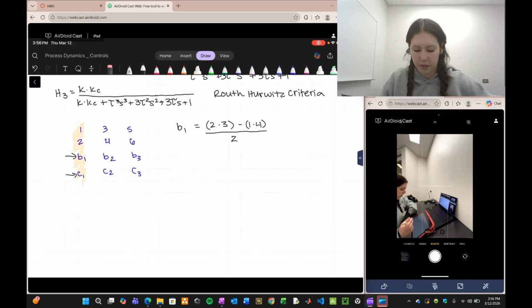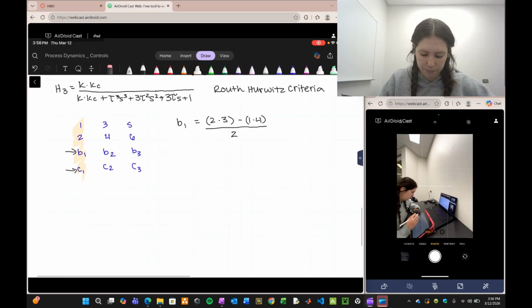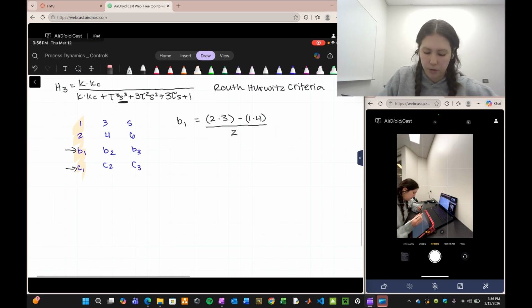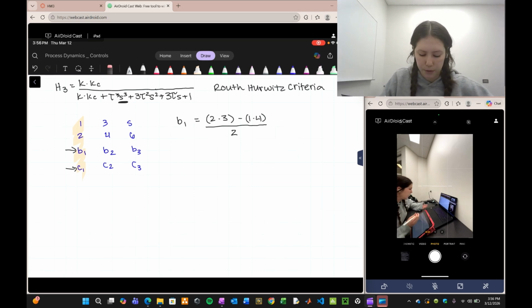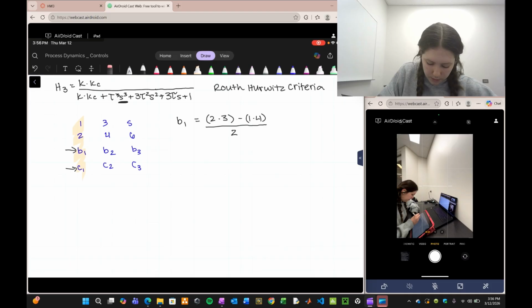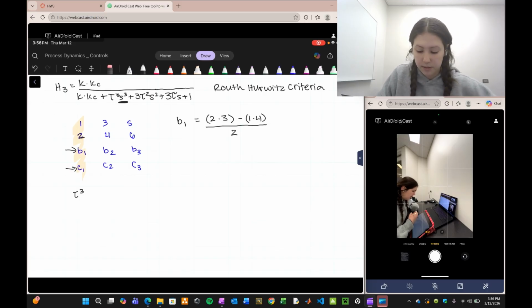So let's go ahead and fill in this table with our actual coefficients. So our highest order term here is s cubed. So the coefficient of that is tau cubed. And then the second highest order we have is s squared.